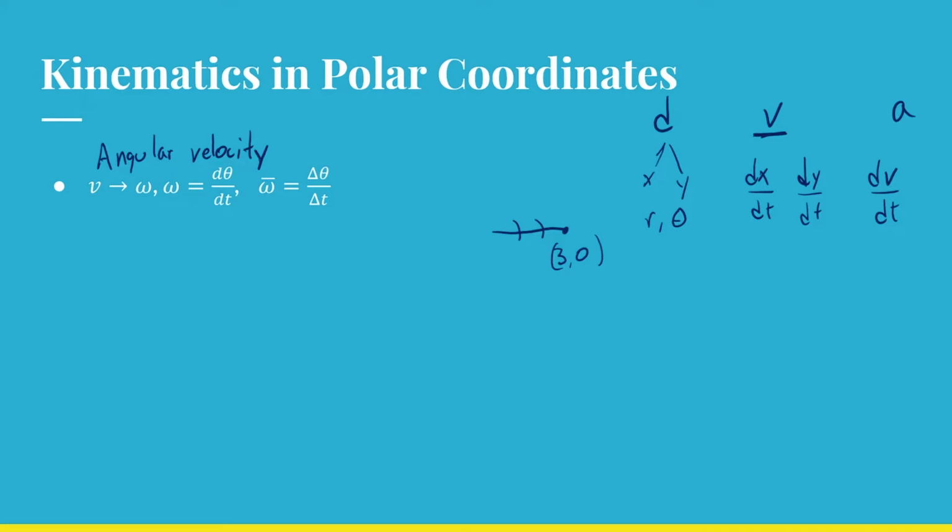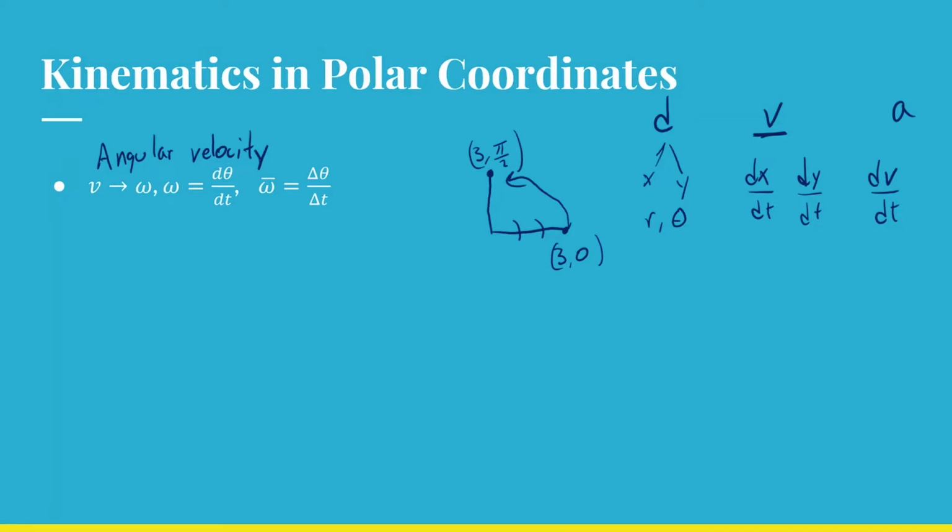And let's say it takes 1 second, and it is now at 3, pi over 2, or 90 degrees. The speed at which it traveled from this position to this position right here is the angular velocity.